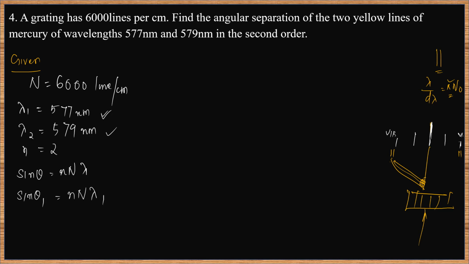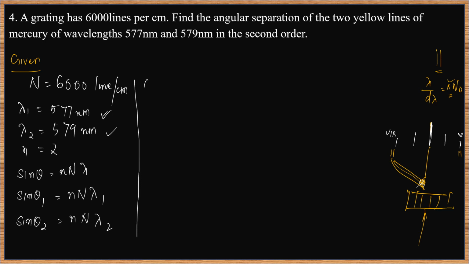And if theta 2 is the angle which the second line makes with the normal, we can write sin theta 2 is equal to nNlambda 2, right?